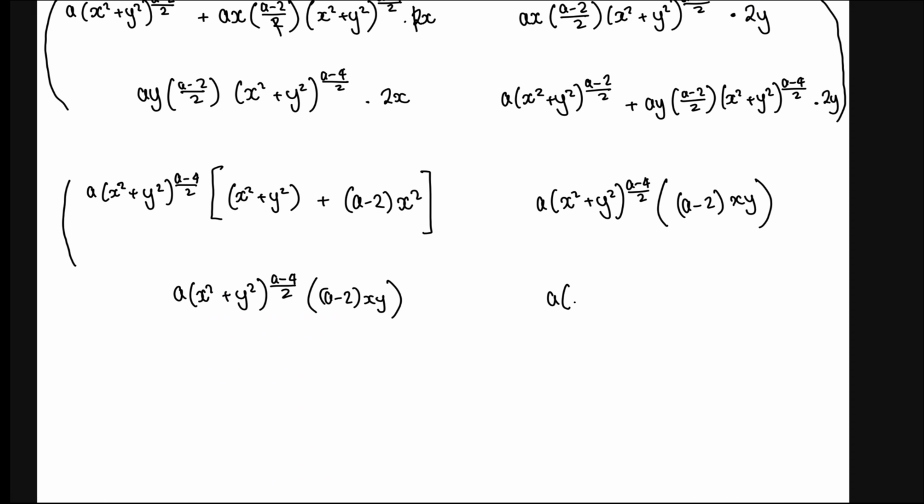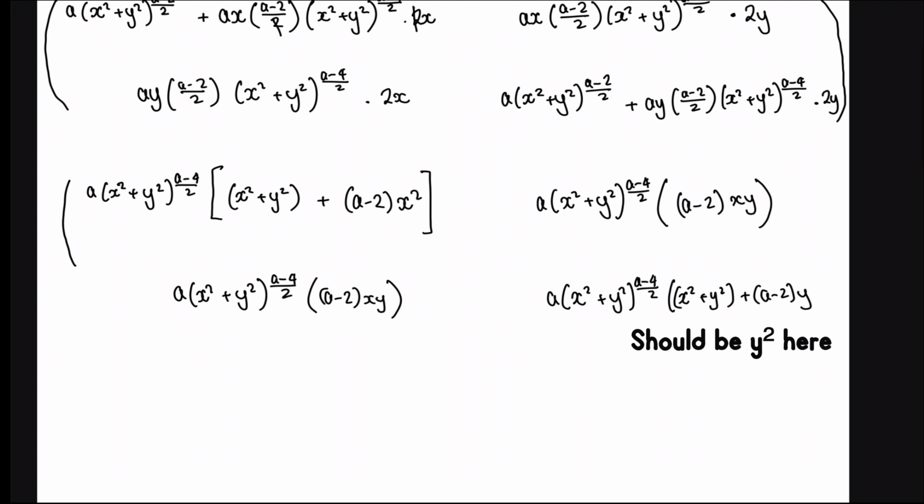And over here, when we take out x squared plus y squared to the power of (a minus 4) over 2, we're left behind with x squared plus y squared, and then plus (a minus 2)y squared.